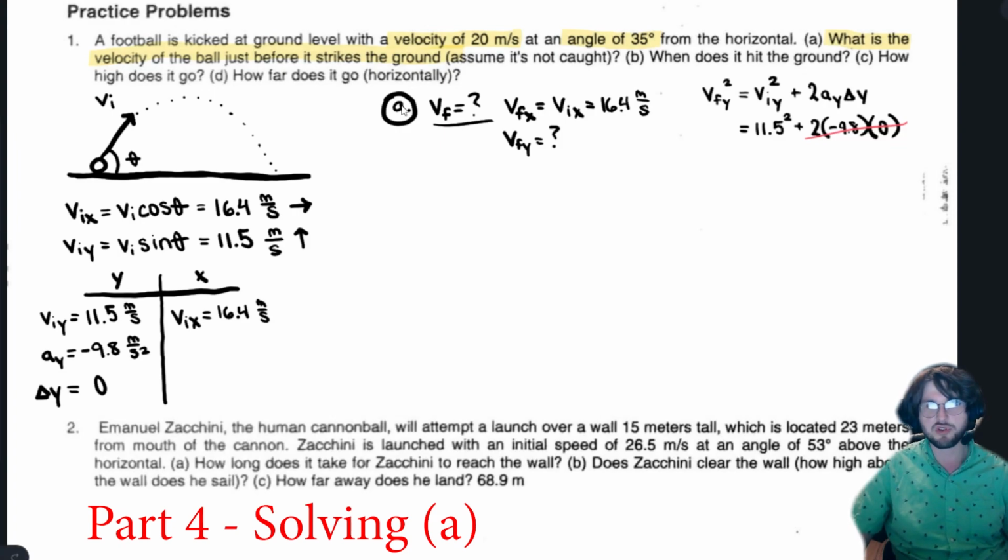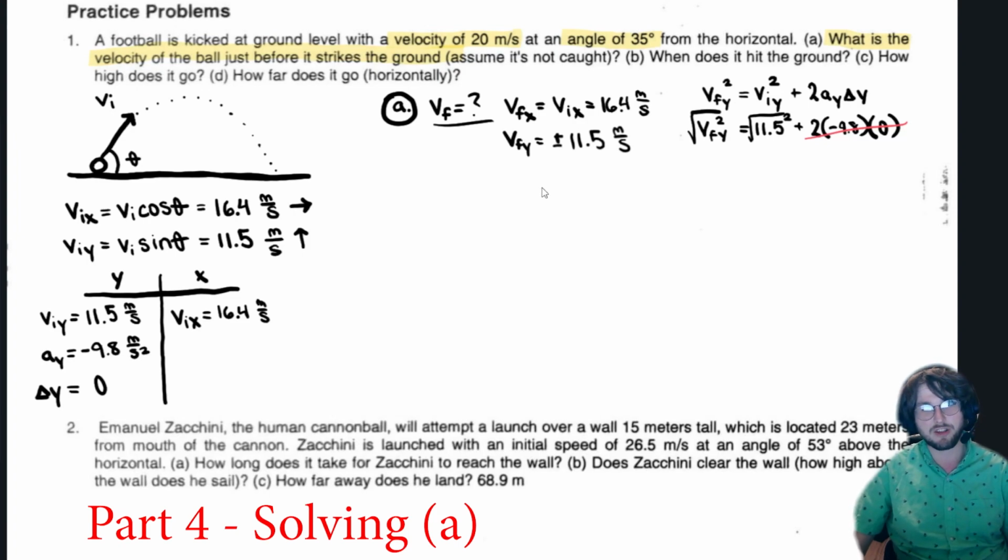And we're left with kind of a strange result here, which is that vfy squared equals 11.5 squared. So if you were to take the square root of both sides of that, you're going to get vfy equaling plus or minus 11.5 meters per second.